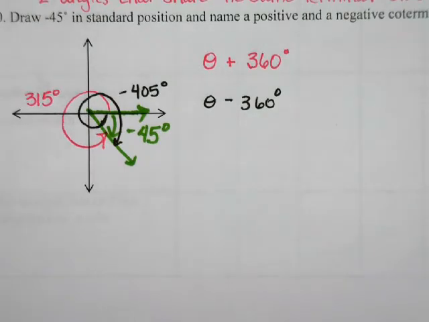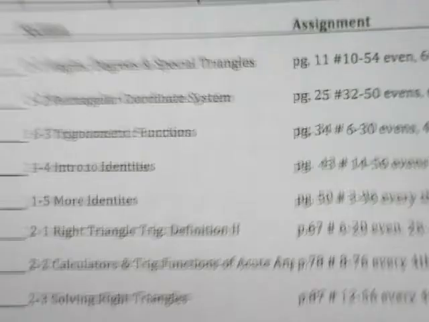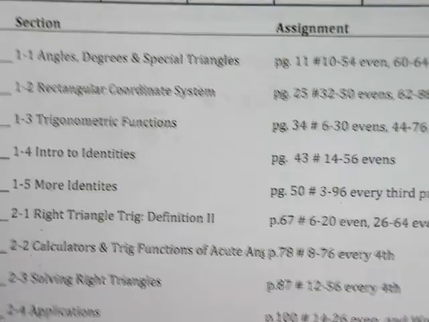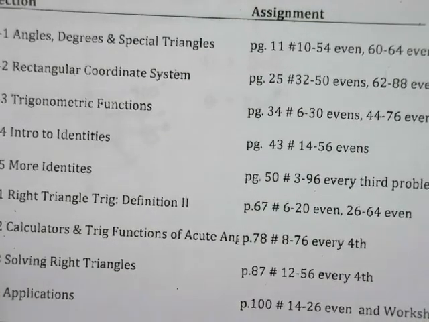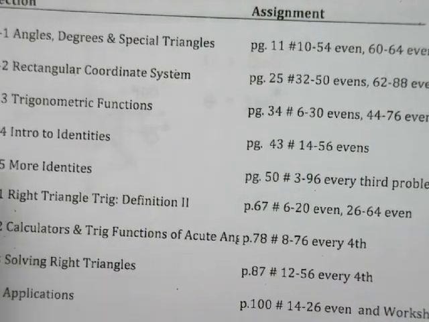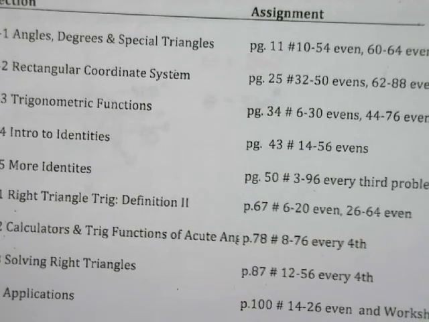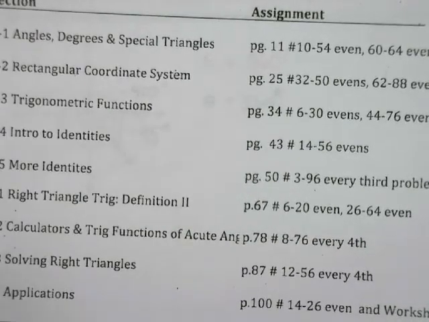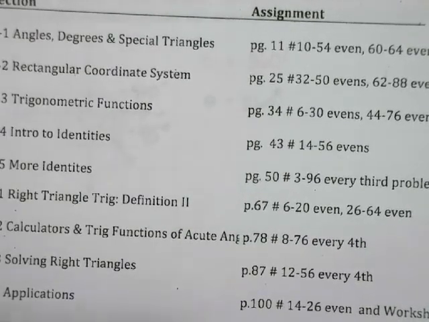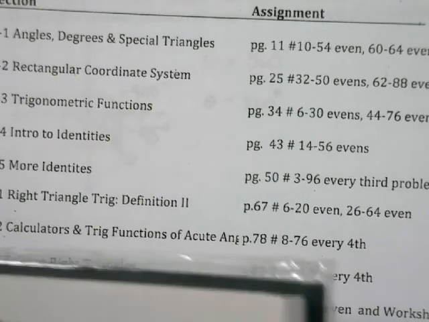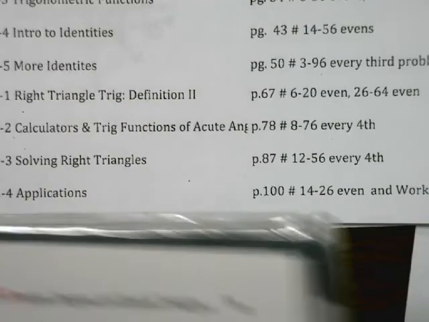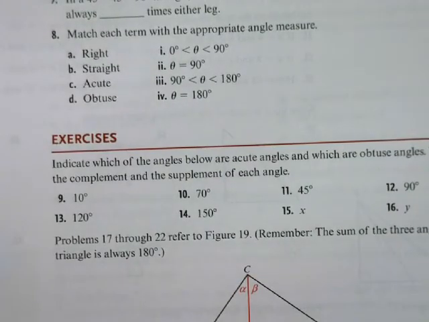Okay, so if you look at your calendar at the bottom is also your assignment sheet. So on page 11, you're going to do 10 through 54 even and then 60 through 64 even. Some of these should go pretty fast.